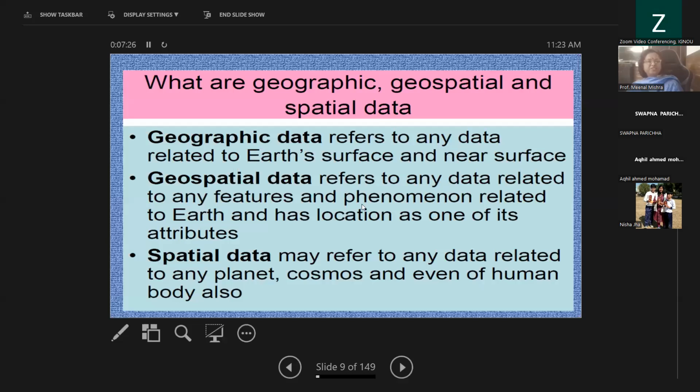Geospatial data refers to related features that have location as one of the attributes, that is, you have the information about the location. So geographic data becomes geospatial data because you have the information about its location and other attributes. And spatial data may refer to any data that is related to planet, cosmos, or the human body. That is the basic difference between these three terms.